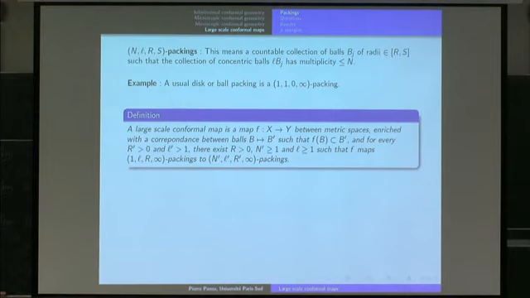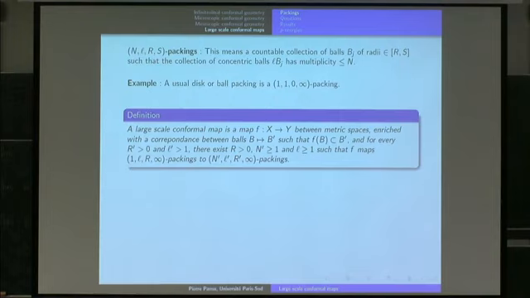And now I want that this map and this correspondence between balls takes packings, 2 packings, where the parameters L and L prime are there.